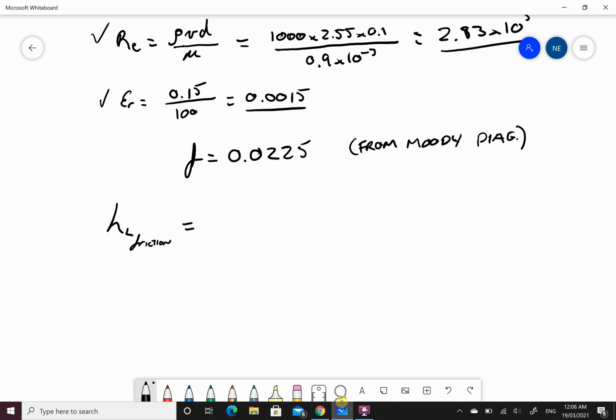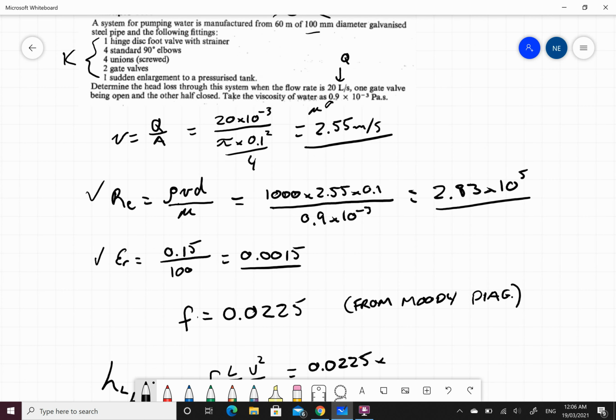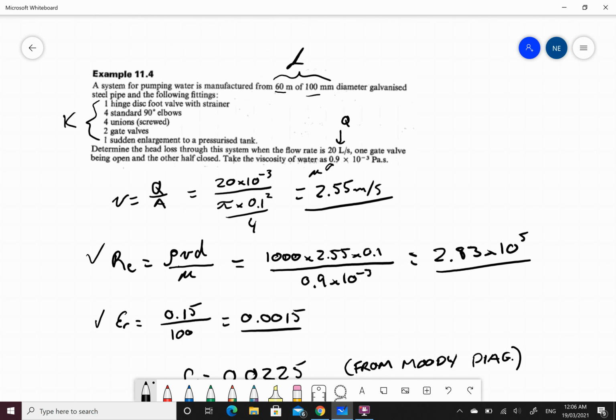So my loss due to friction is f L on D times V squared on 2g. There should be an f as well. It looks so wrong, but that's okay. So let's go through: 0.0225. What is my length of pipe? 60 meters.